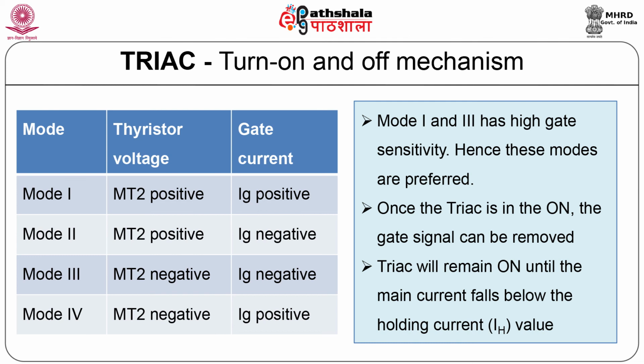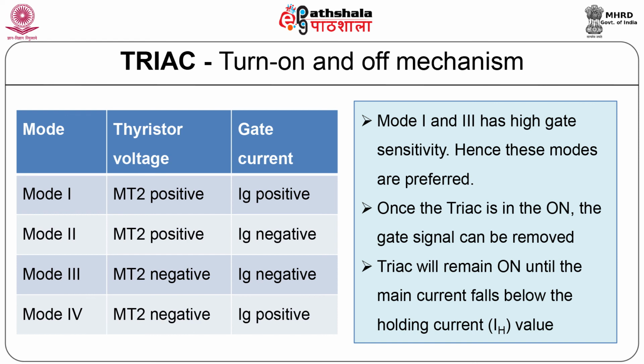Hence, these modes are preferred for the operation. Once the TRIAC is on, the gate signal can be removed and TRIAC will remain on until the main current falls below the holding current. It is similar to conventional thyristors.